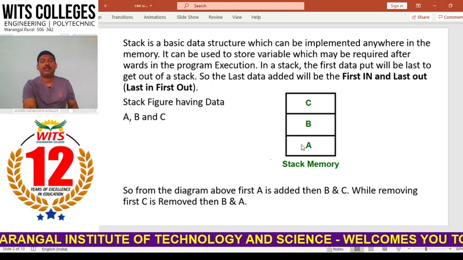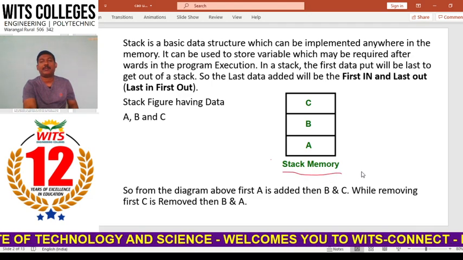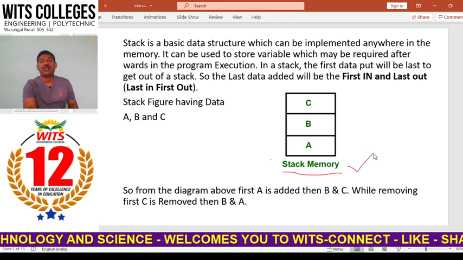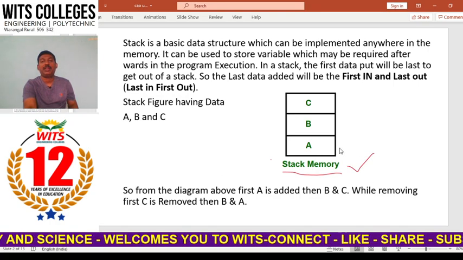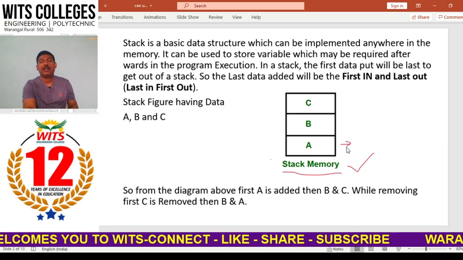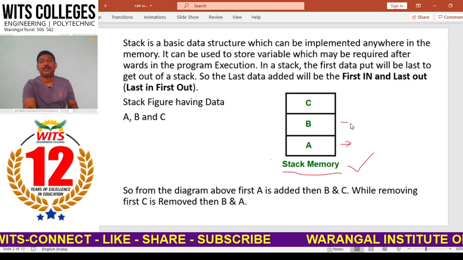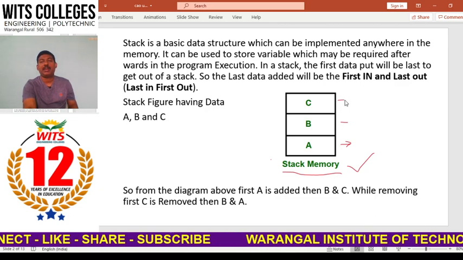So here you can see this is the stack of memory. This is A memory allocation, this is B memory allocation, this is C memory allocation.